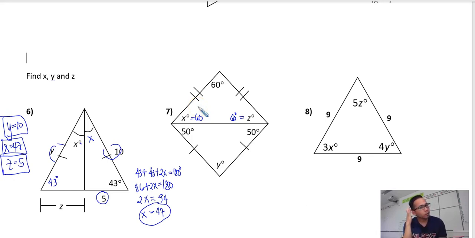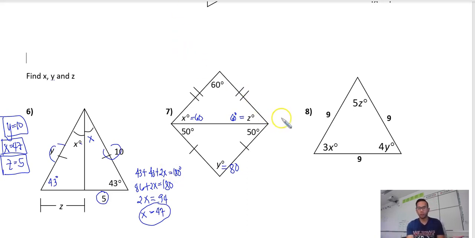Now, the bottom one, y is equal to 80. Why is y equal to 80? It's because 50 plus 50 is 100. So 180 minus 100 is 80. So as easy as that. You just analyze and use the characteristics of isosceles and equilateral triangles.